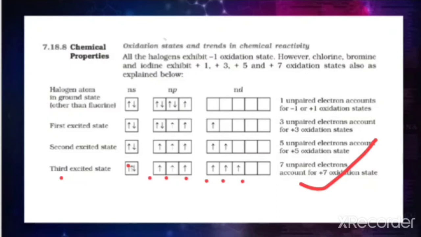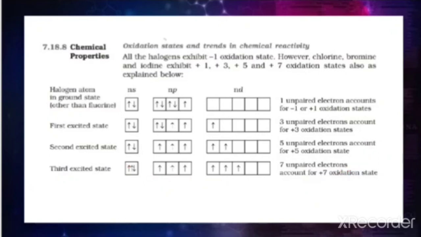So because of the excitation of electron to the vacant d orbital, halogens can show oxidation states from +1 to +3, +5 and +7. That is due to the excitation of paired electrons to the vacant d orbital.